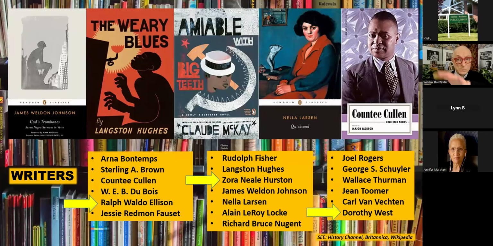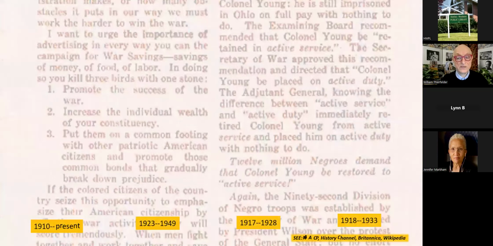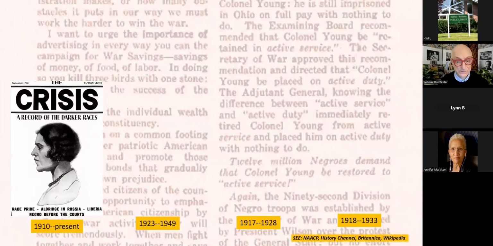Now, several of these writers that you see on the screen here, well, they were involved in four of the most notable publications of the period. The Crisis, which is still published, is the official publication of the NAACP and the nation's oldest African American publication.